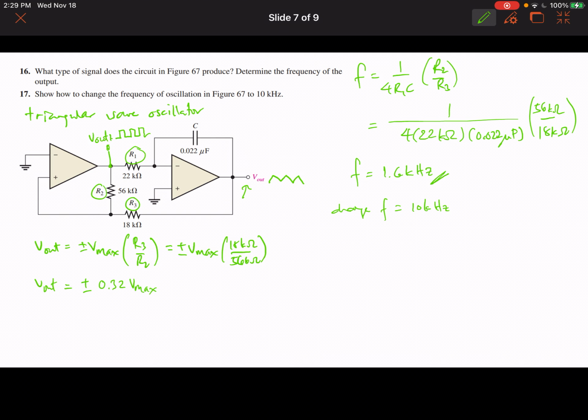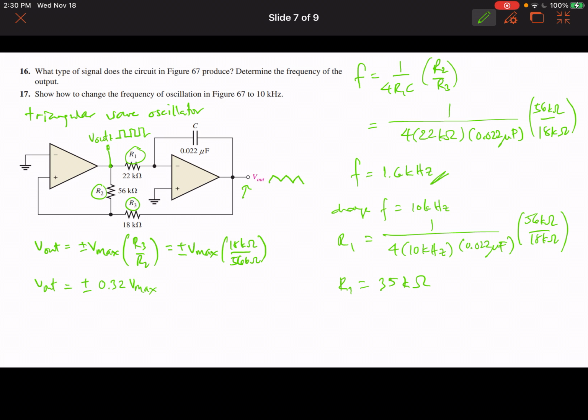In this case, we can write R1 is equal to 1 over 4 times 10 kilohertz, times 0.022 microfarad times 56 kilo ohms divided by 18 kilo ohms. So this will give us 35 kilo ohms.